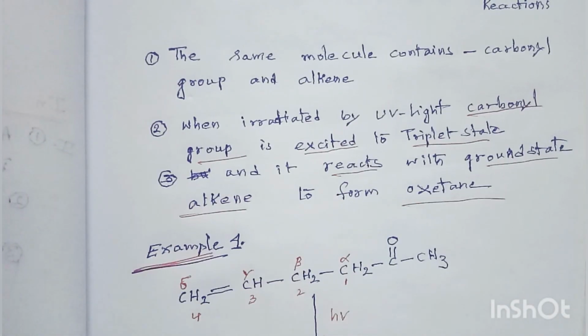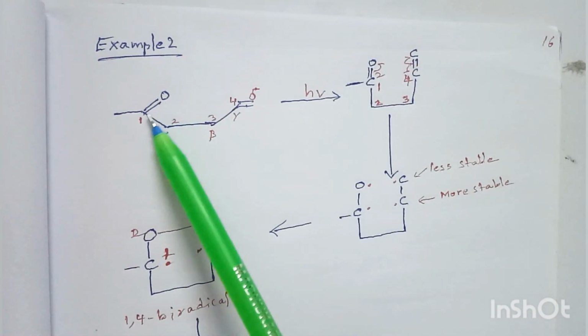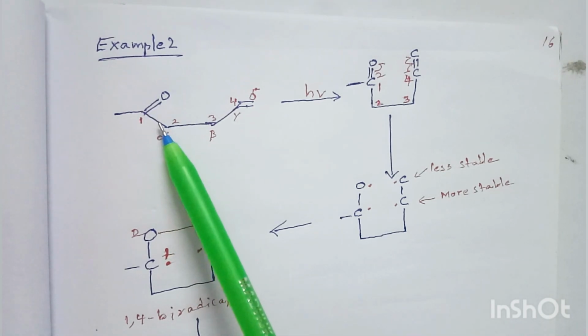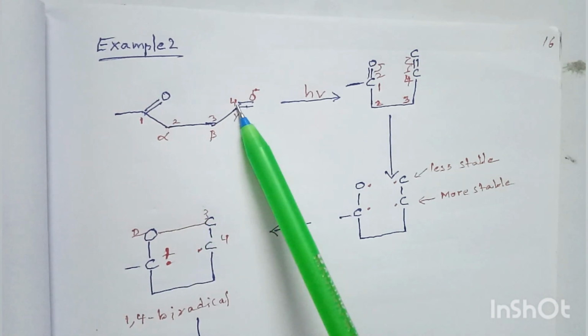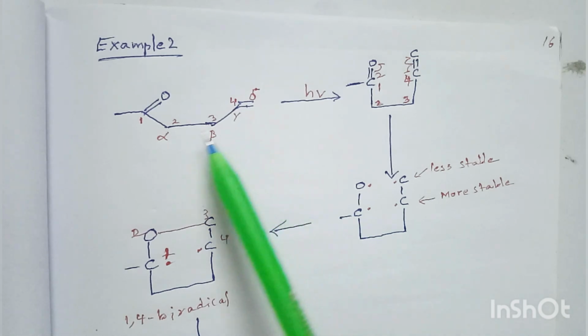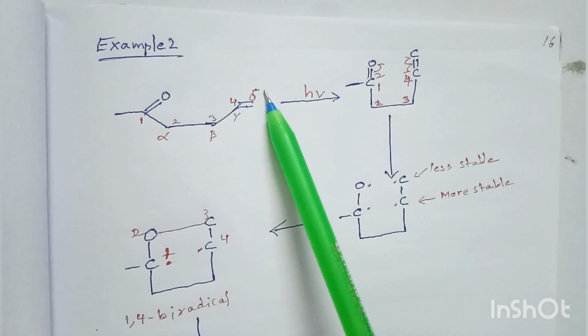Let us see another example of the Paterno-Buchi reaction. So this is the carbonyl group with CH3 attached here. 1, 2, 3, 4 carbons, and there is a double bond carbon here. So this is alpha, this is beta, this is gamma, this is delta.